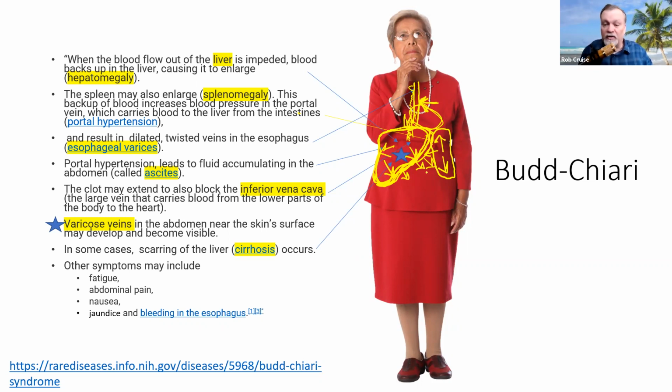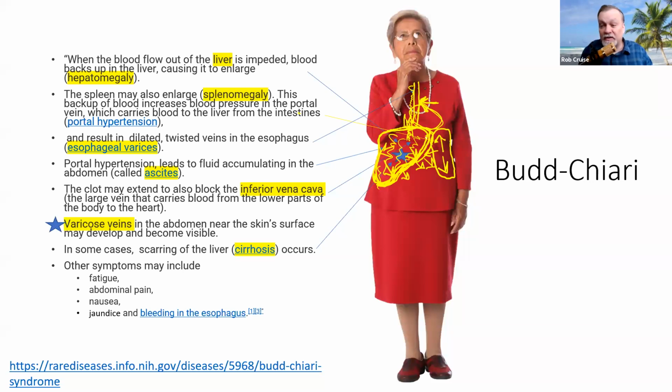So it hurts the skin, etc. So you will have varicose veins on the outside, on the skin, and of course, varicose veins itself can be painful as well. With possible liver damage, you can have cirrhosis.